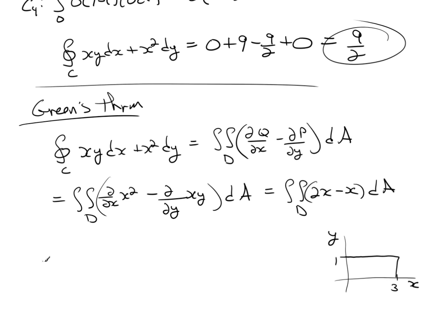So I'm thinking that this is going to be the double integral of 2x minus x. Why? Let's see here. Which way do I want to go on this? Let's do dy dx. Yeah, dy dx. y is from 0 to 1, and x is from 0 to 3.